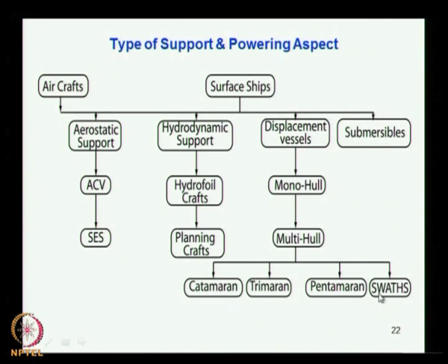And then you have SWATH, the small waterplane area twin hull ships. So these are the other types of ships used for reducing the resistance and also increasing the performance of the vessel, depending on the type of its use.